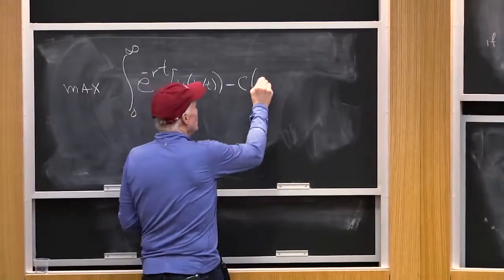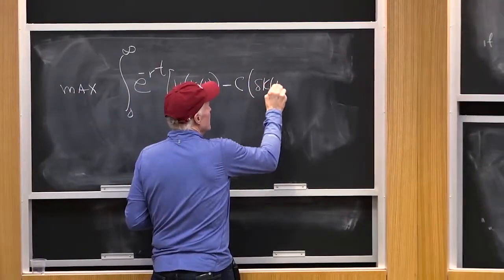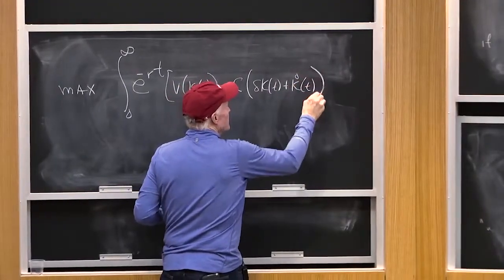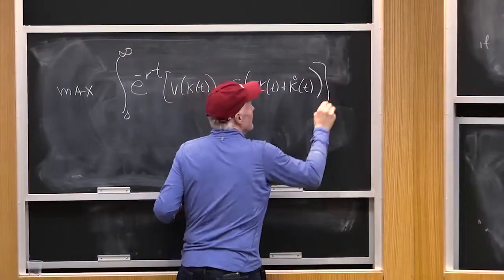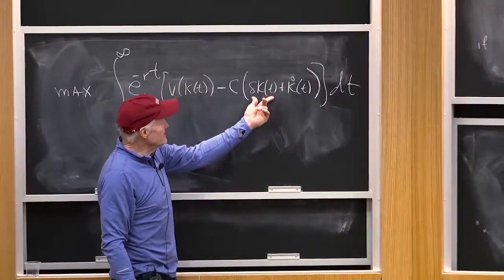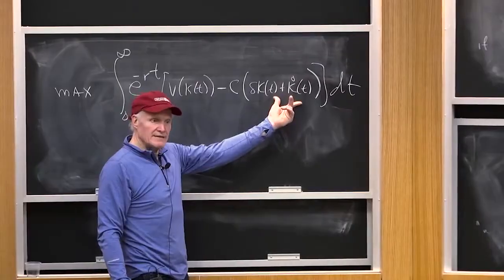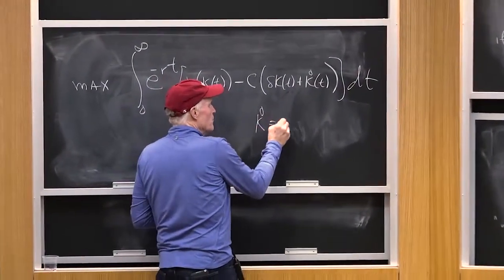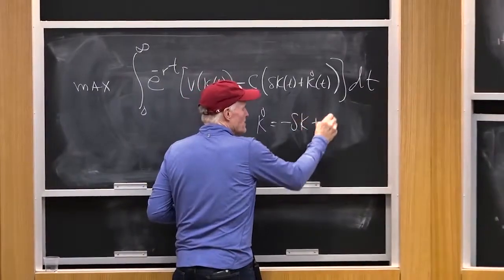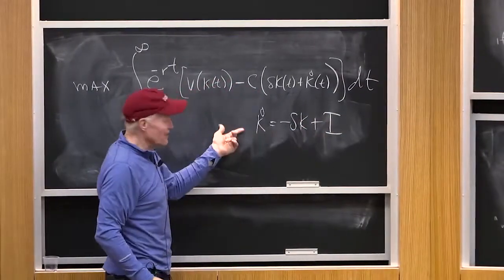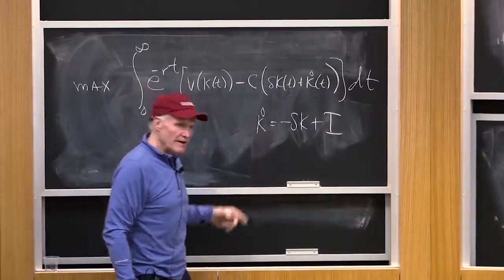Well, that's delta K of t plus K dot of t, right? Everybody agrees with that? That is gross investment, I is delta K plus K dot, because K dot equals minus delta K plus I. So therefore, I is equal to delta K plus K dot.